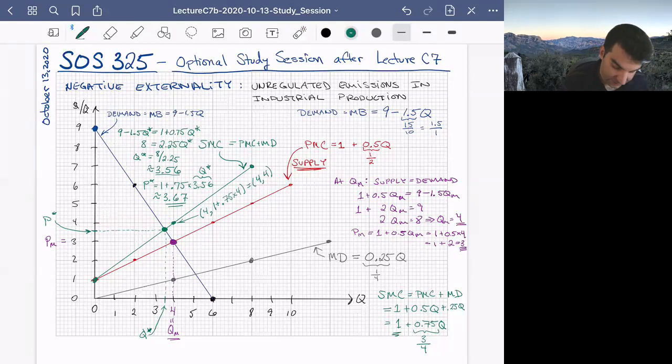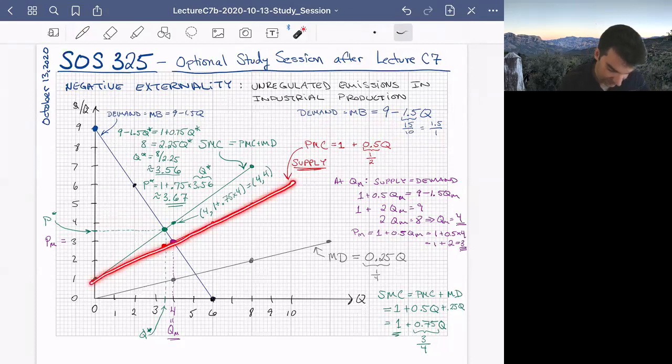The last corner I need to worry about is this point right here, which is the private marginal cost evaluated at the socially efficient equilibrium.